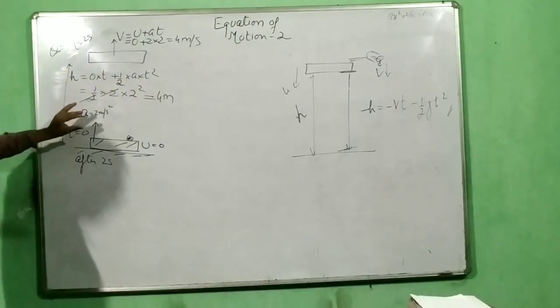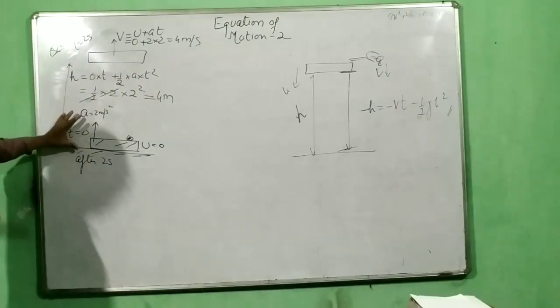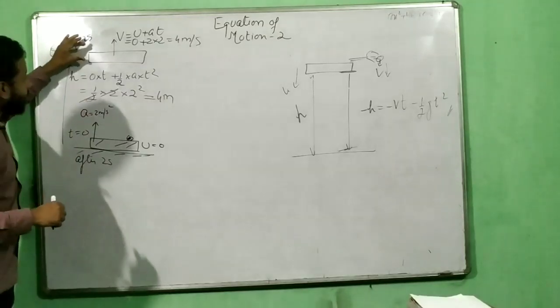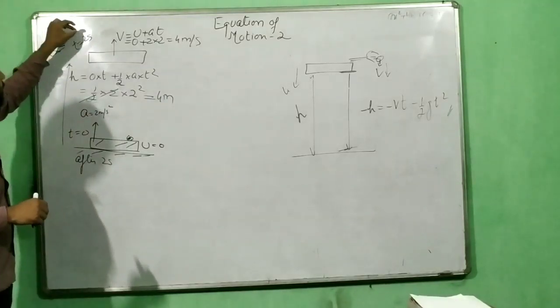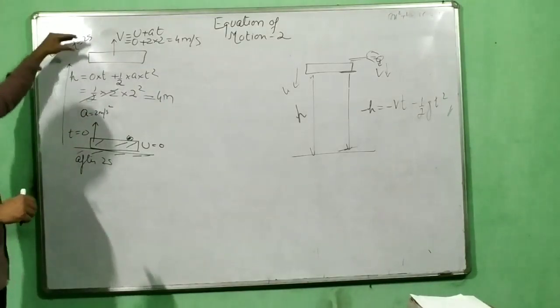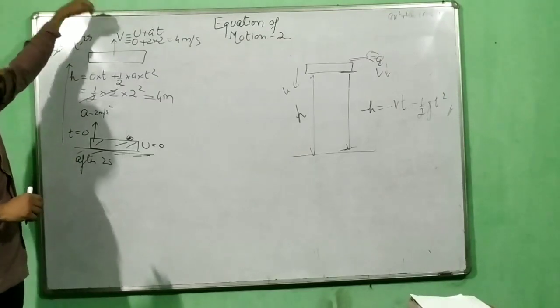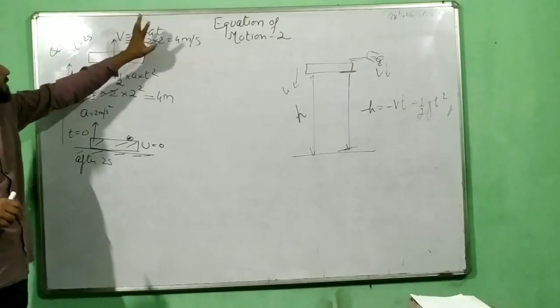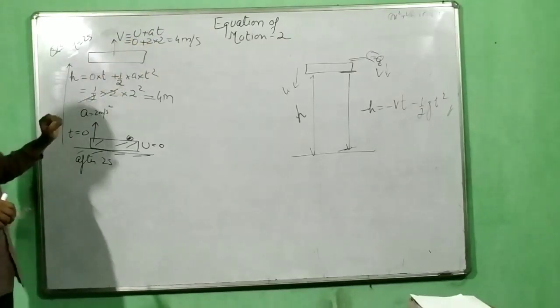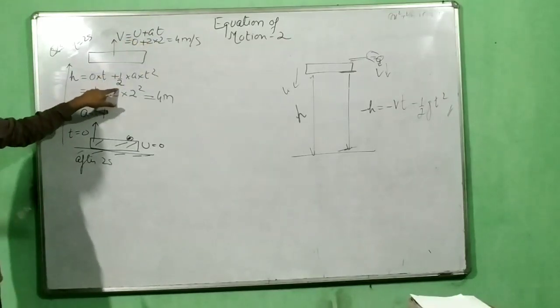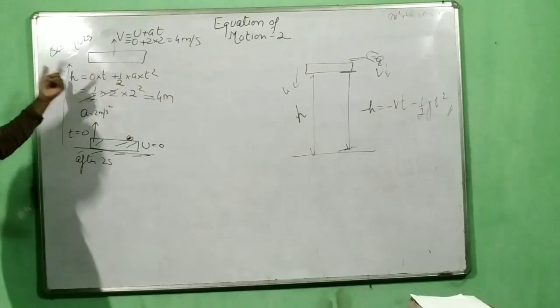So I have found two things with the data given to me. I found at what height the body is at time t equal to 2 seconds, and at that instant, what is its velocity. So I am using the first equation of motion, v equal to u plus at, with initial velocity 0, and h equal to ut plus half at square, with initial velocity 0.